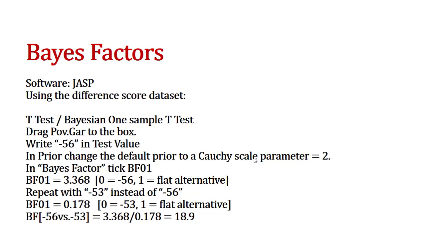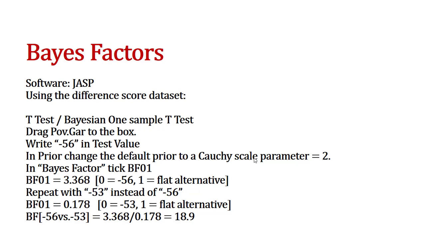Okay, so in this case, we want to test two theories. We are taking as an example the difference between poverty and gardening. So just these two conditions. A researcher says that the expected difference is minus 56.